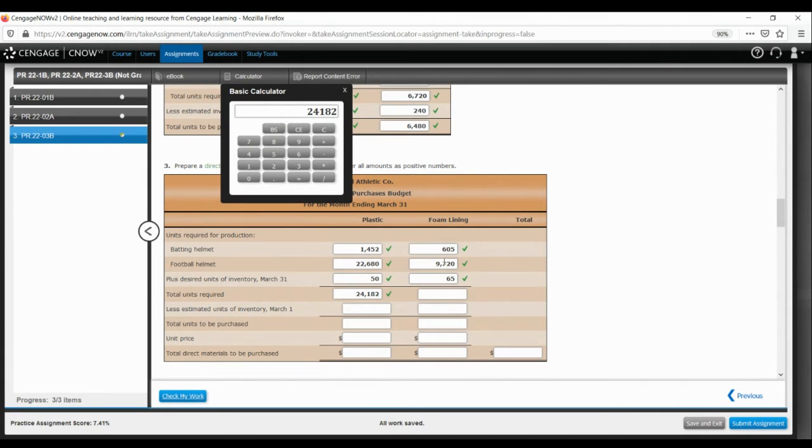And we're going to combine all three of these together for the foam lining.